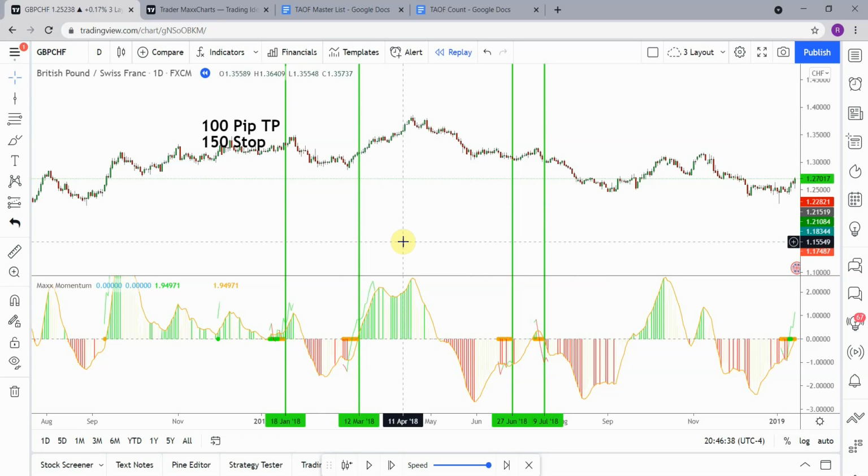But can't dispute the fact that in 1 year's time, had you taken every single signal this indicator gave you on this pair, you would be at 100% win rate on this particular indicator. So not a horrible indicator. It's definitely going to go on the yes list, and we will move on to the next indicator from here.